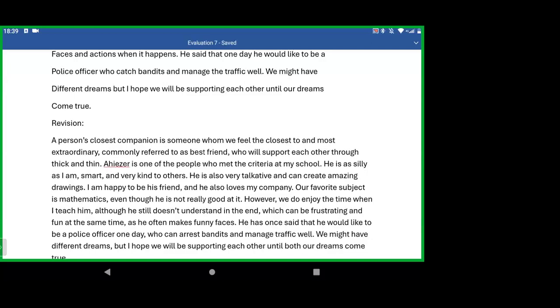You can actually say definition, which is also correct, but I changed that to criteria because it sounds more fitting. Since we mentioned that friends will support each other and you feel close to them, it's sort of like a criteria of what a best friend is supposed to be. And that's why: who met the criteria.